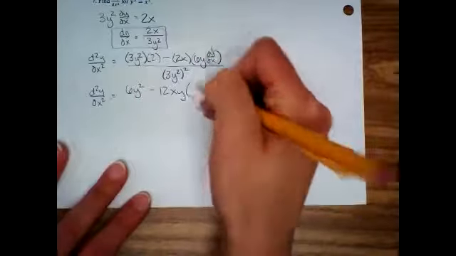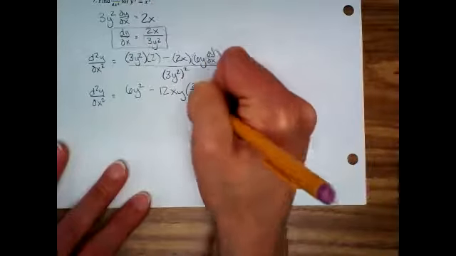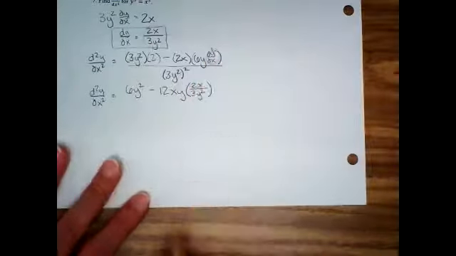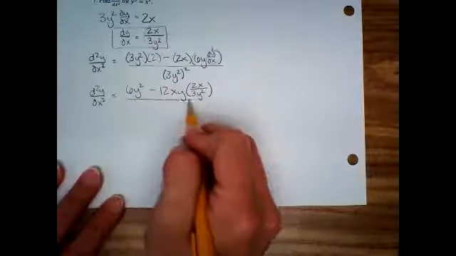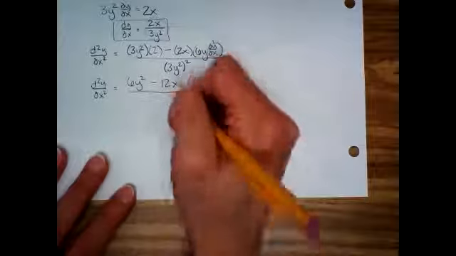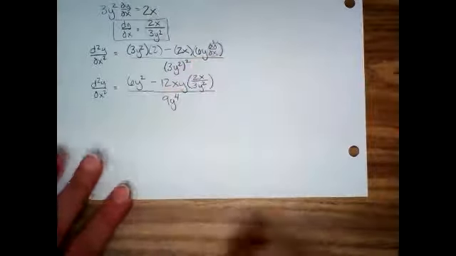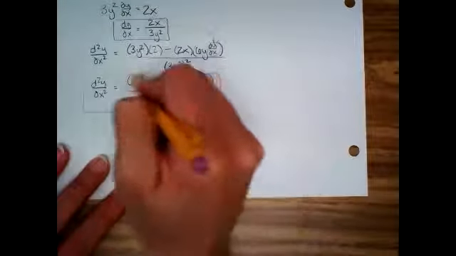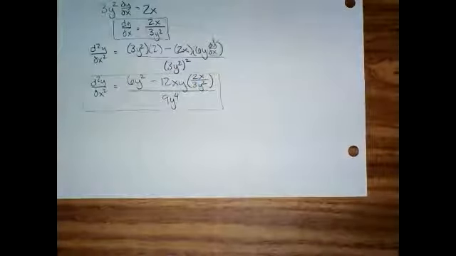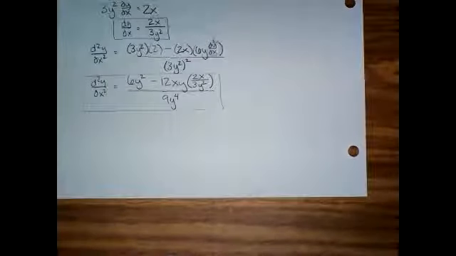And then in place of dy/dx, I'm going to put this. Don't make me say it again. All of that. And then over, if we square this, that'll be 9y to the 4th. You could keep going and simplify that down more. If it was multiple choice, you would have to, because they would keep going until the very bitter end and keep simplifying things down. I'm fine with you leaving it like that.